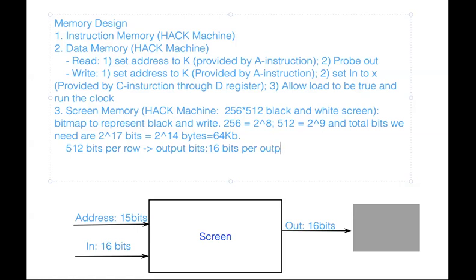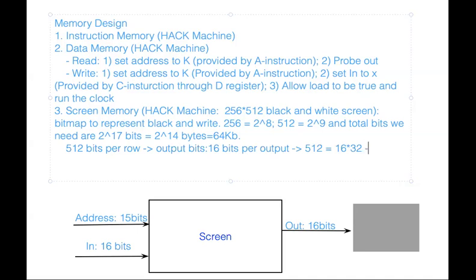Per output, if I read once, I get 16 bits. So 512 equals 16 bits times 32. This is power 4, this is power 5, so totally power 9. So this one is 16 times 32.